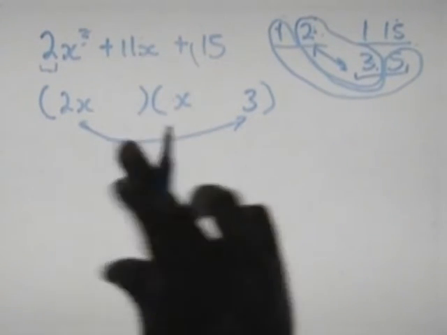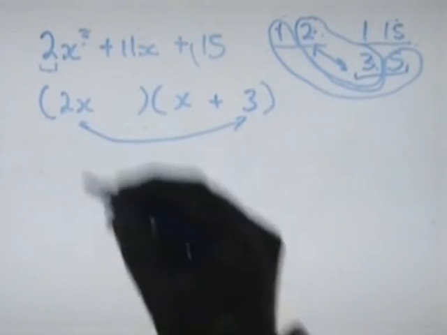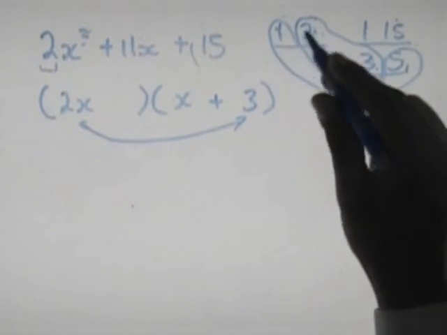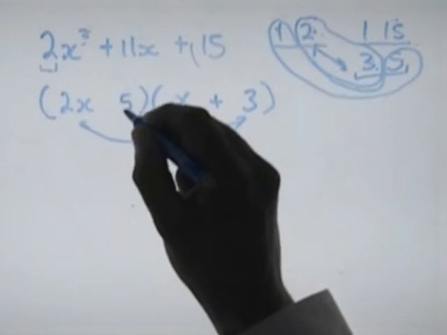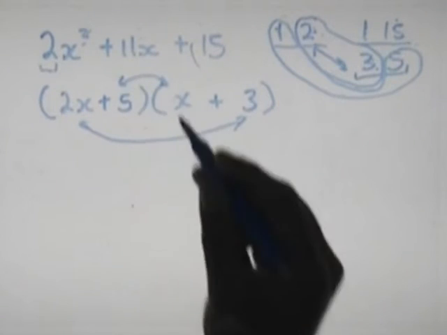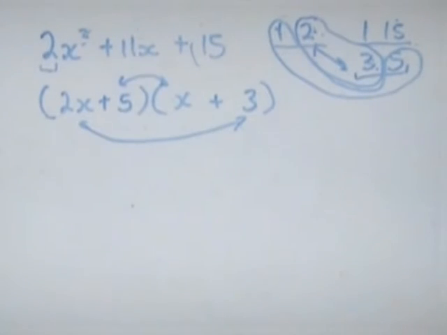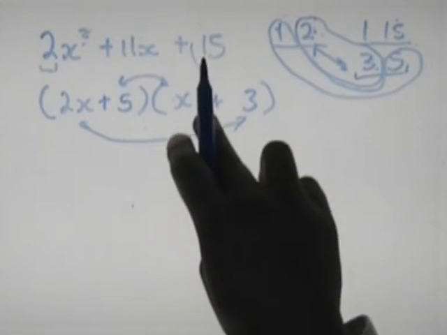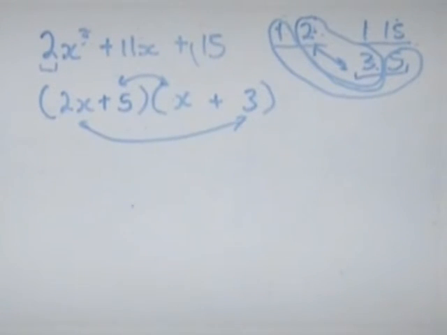So that will be plus 3 times 2x, which is plus 6x. The other combination is the 1 and the 5. So that will be plus 6x plus 5x, which will give us plus 11x. Positive 5 multiplied by positive 3 is positive 15. Remember, these are all about combinations.